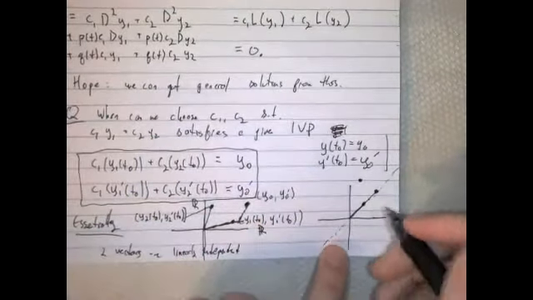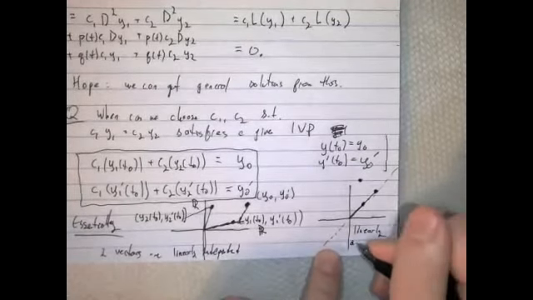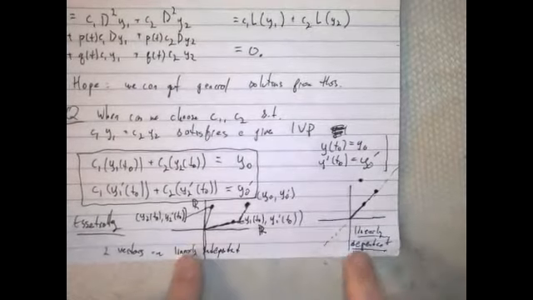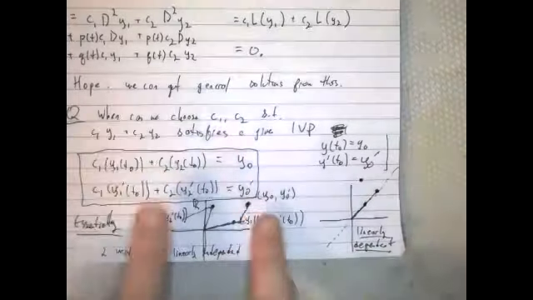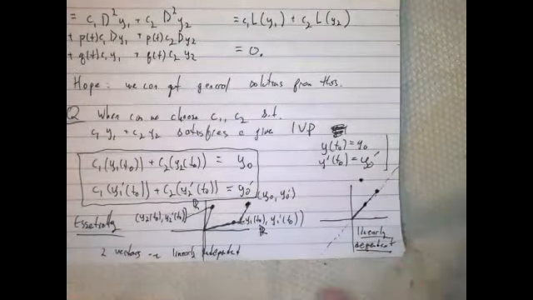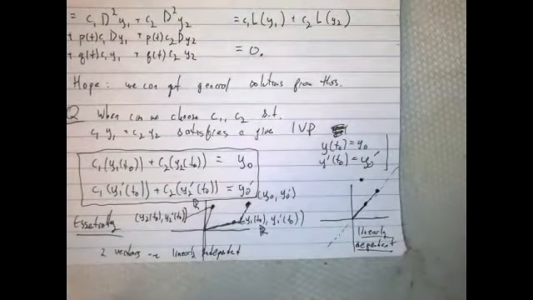And here, these two vectors are called linearly dependent. And the idea is that these two vectors span the whole plane, whereas these two vectors only span a line. That's the case in 2 dimensions, at least.